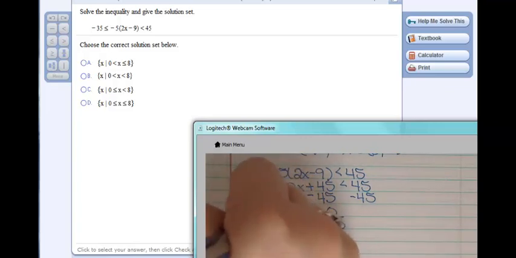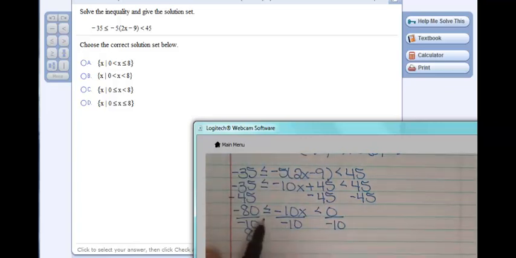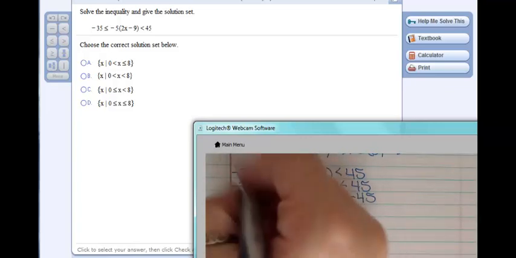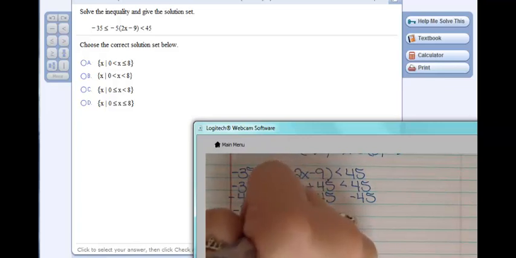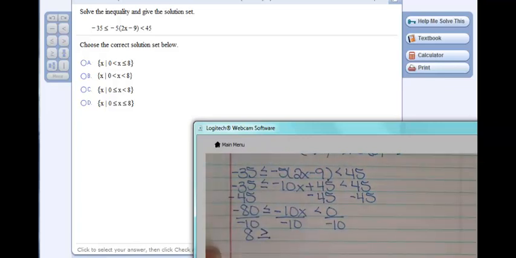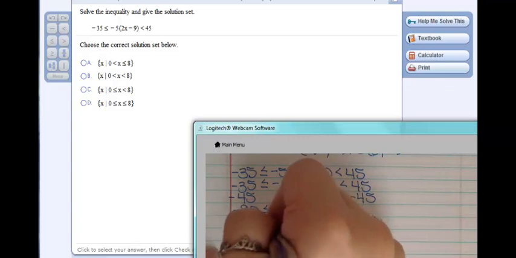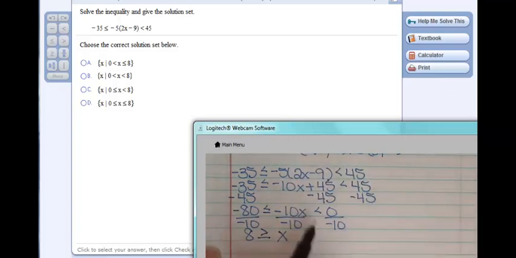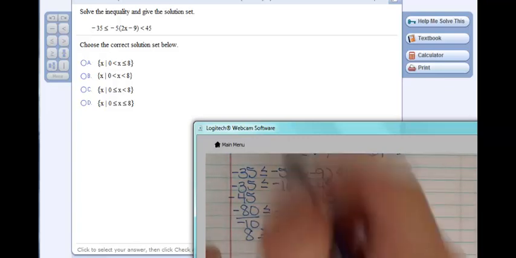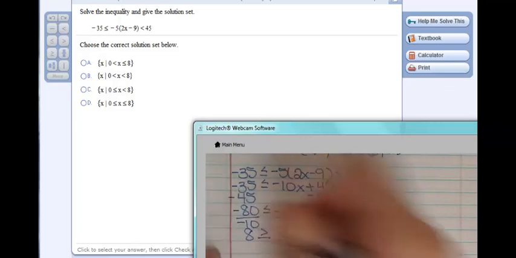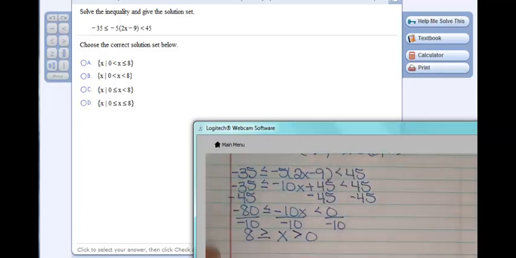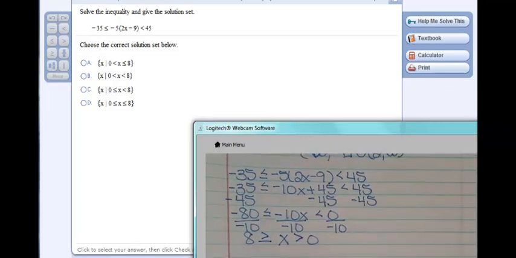But we divided by a negative number, so we have to flip the sign. So that becomes a greater than or equal to. Then we have our x. Again, we divided by a negative, so we have to flip. And that'll be 0. So we have 8 is greater than or equal to x, which is greater than 0.